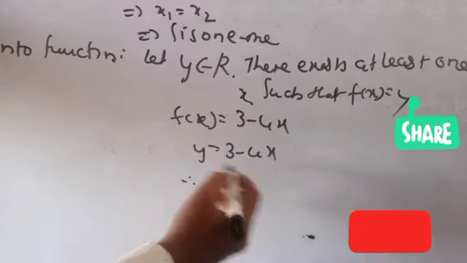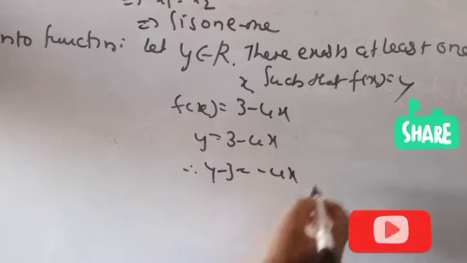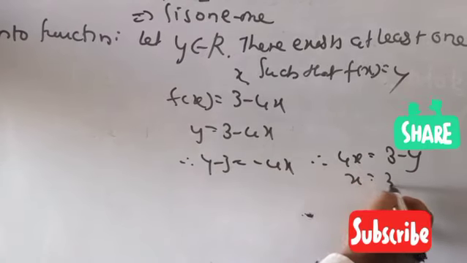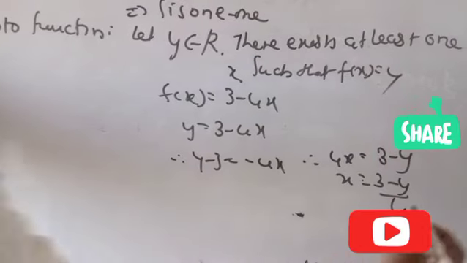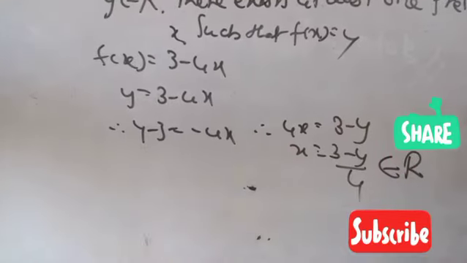Therefore y - 3 = -4x. This implies 4x = 3 - y, so x = (3 - y)/4. Is this x belonging to the set R?